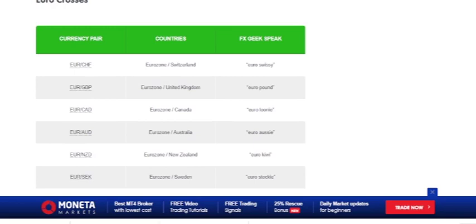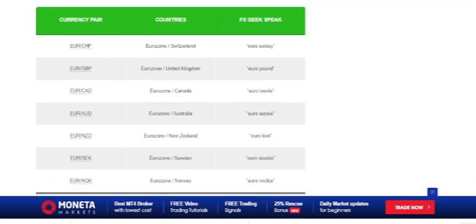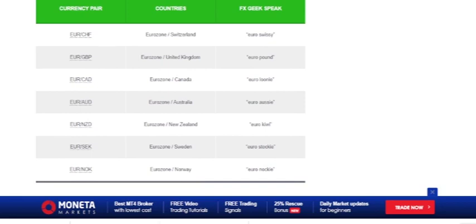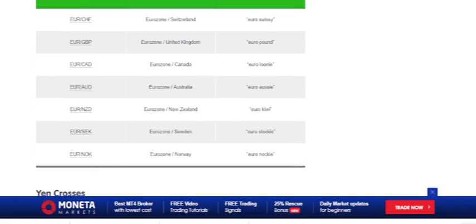So we see Eurozone, Switzerland, Euro Swissy; Euro Pound; the Euro Cad, then Euro Loonie, then Euro Aussie, then the Euro Kiwi, and then Euro Stocky, and then the Euro Noki.